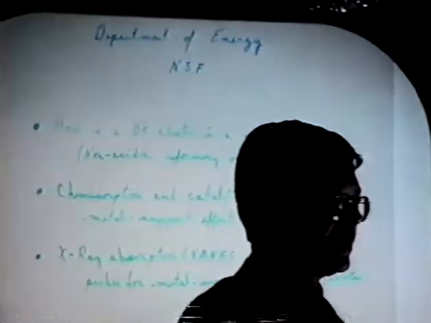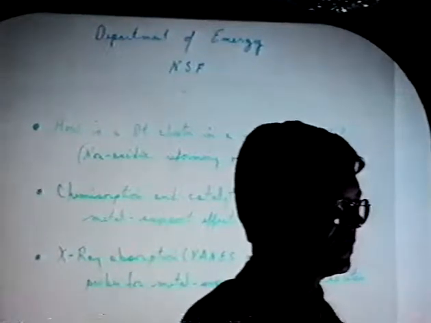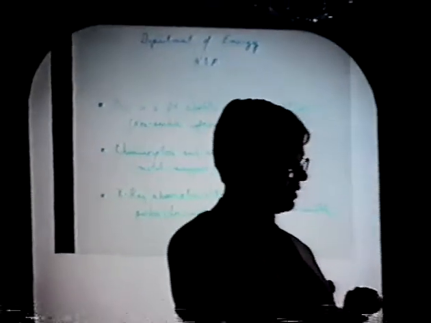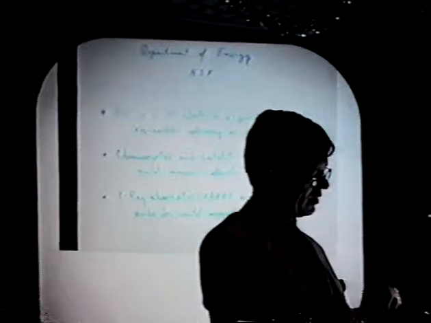And then I wanted to talk about our work where we tried to probe the nature of the platinum zeolites by both chemisorption and catalysis, chemical probes, and by physical probes. Mostly the physical probes I'm going to talk about today will be X-ray absorption near-edge structure analysis, XANES, and EXAFS, X-ray absorption fine structure analysis of the platinum particles in the metal zeolite.